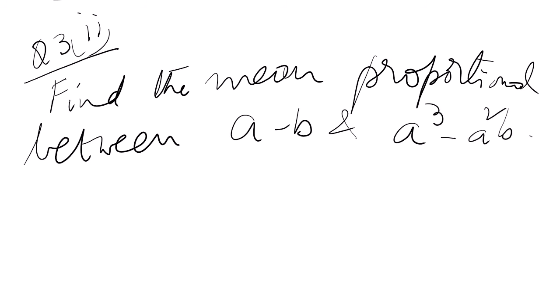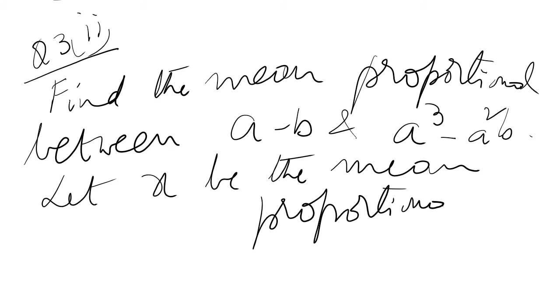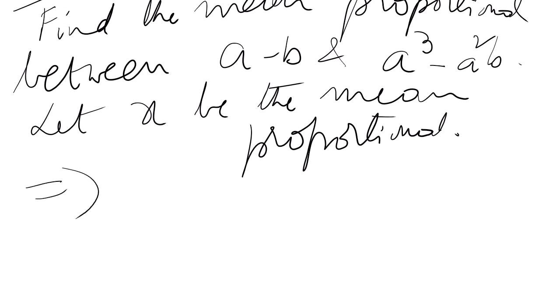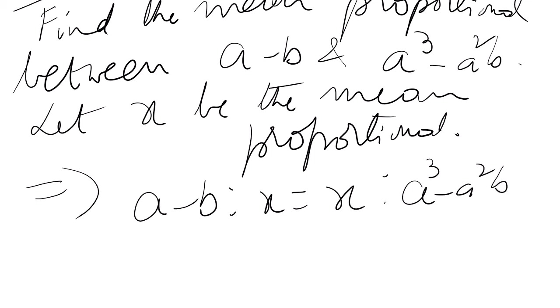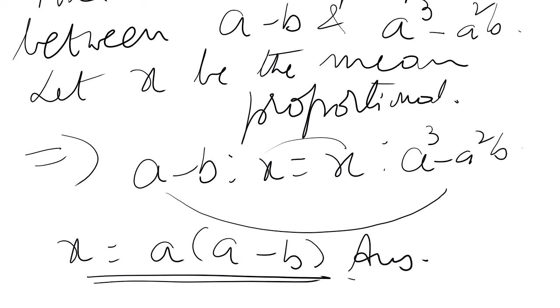So again you will say let x be the mean proportional. It implies a minus b is to x is equal to x is to a cube minus a square b. Now you solve it using product of the extremes is equal to product of the middle terms. So the answer will be x is equal to a into a minus b. Okay, so try to solve it.